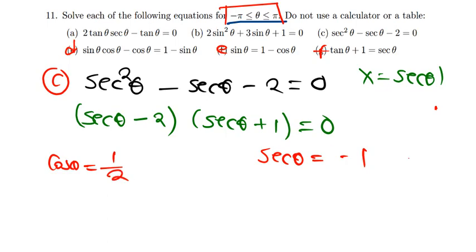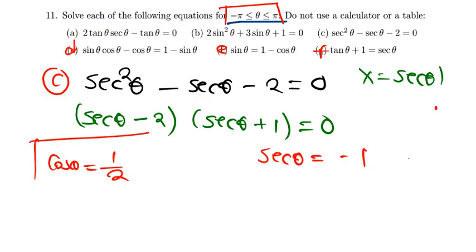Now ask yourself a question. Go and look at the 30-60 special triangle. I've talked about it several times. Look it up on our site. The link to it is in the description below. So when is cosine half? We know for sine it's 30 or pi over 6.